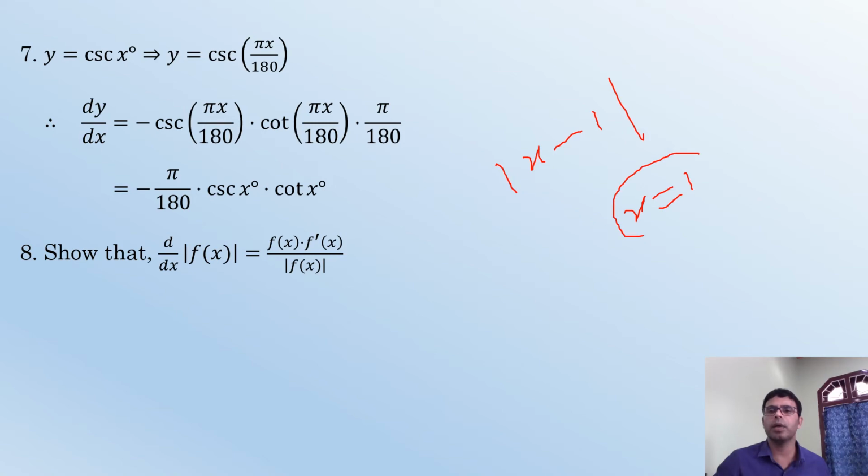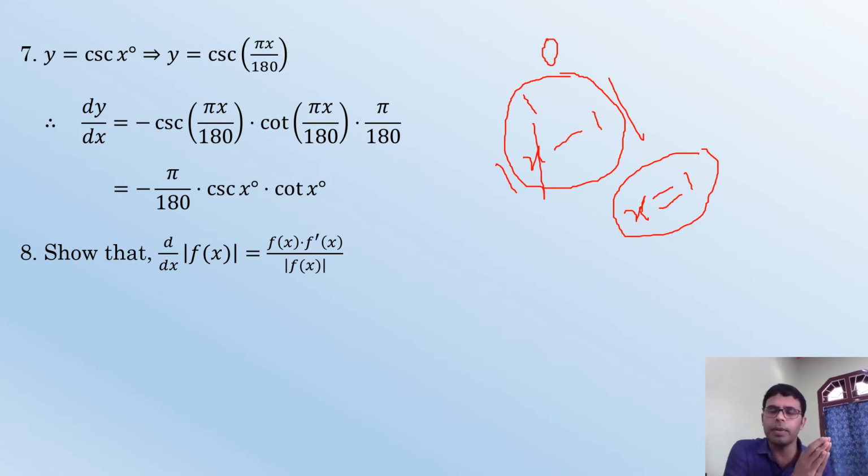And how can we obtain this? Because if x is equal to 1, then this entire term is equal to 0. So where the inside term of a modulus function is equal to 0, at those points the function can never be differentiable.